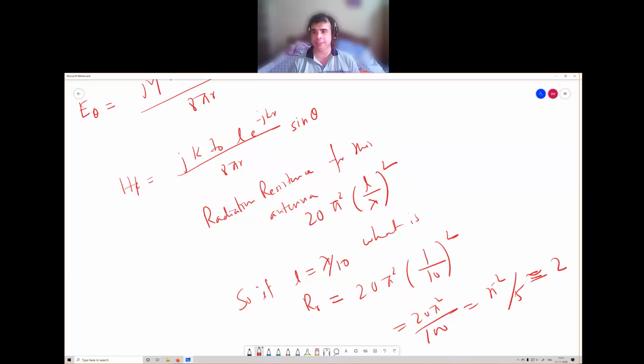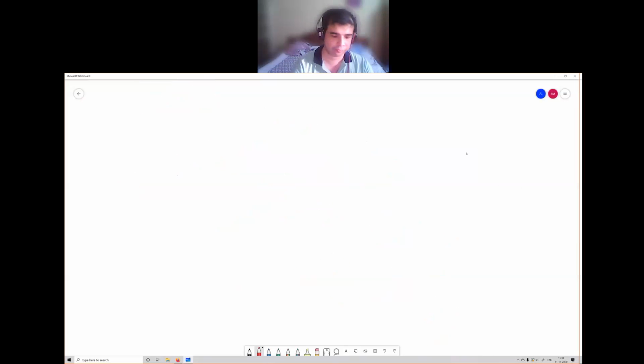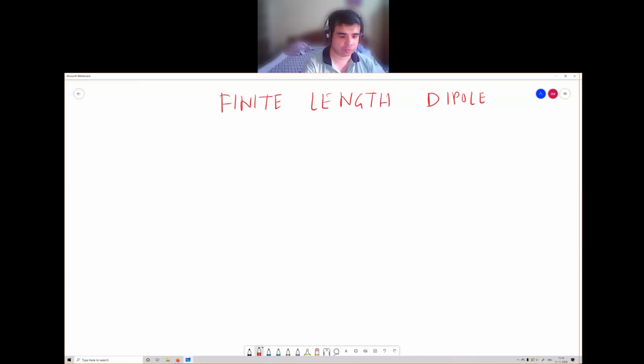So let us now consider the most general case, where the antenna could be of any length. Finite length dipole. Now we drop any restriction on length. This is our dipole. The entire length is L, so one end is at L by 2.